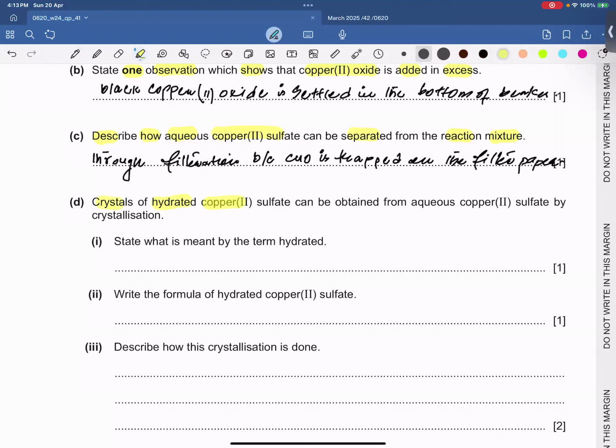Crystals of hydrated copper 2 sulfate can be obtained from aqueous copper 2 sulfate by crystallization. State what is meant by the term hydrated. Hydrated means with water, or with water of crystallization, which is the same thing.